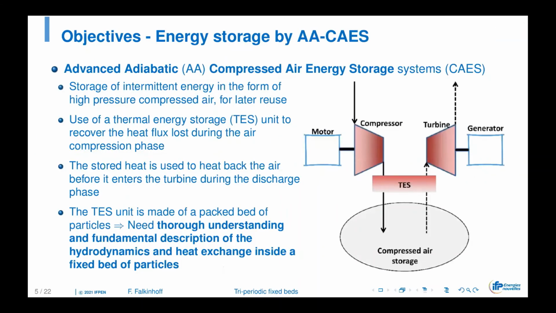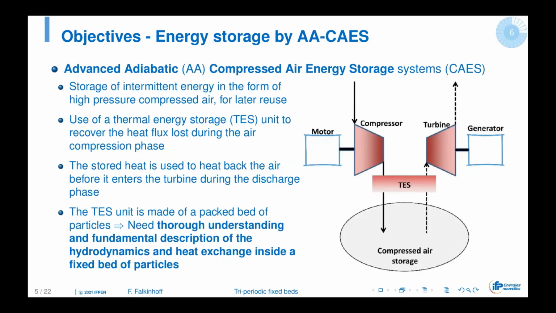We are currently developing a process which we call advanced adiabatic compressed air energy storage, which means simply that during the compression of air that you use for storing the energy, you will keep the heat released during the compression in a fixed bed, which is just a porous media. You will keep the heat for future release and discharge when you use your stored energy to regenerate some electricity, for instance.